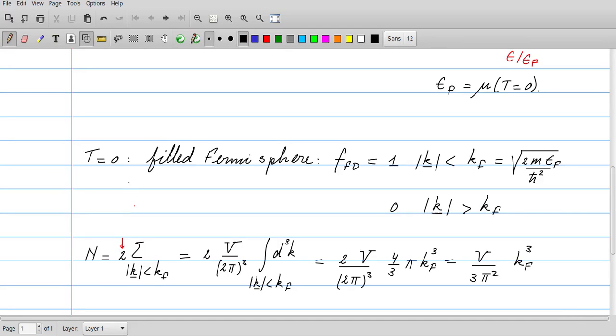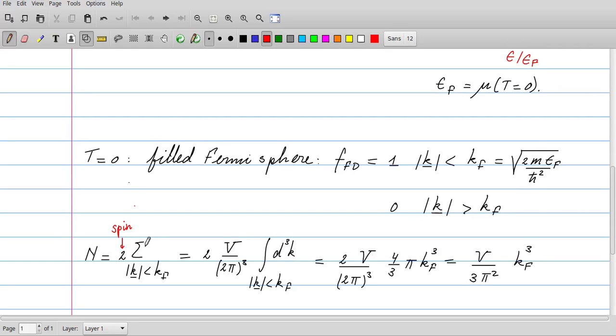In order to find the value of this Fermi wave vector, we just count the number of particles. We know that there are N electrons in the system, and those N electrons should occupy all the states which are below k_F. And then we have an extra factor of 2, and that factor of 2, not surprisingly, represents the spin degeneracy, because we have a spin up and spin down for each k vector.